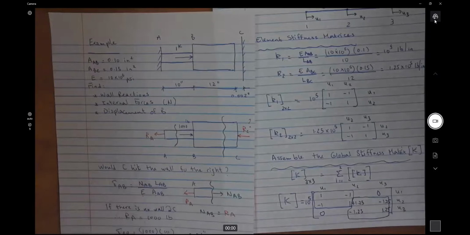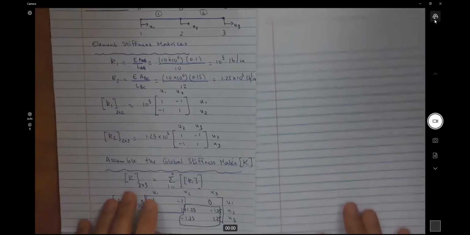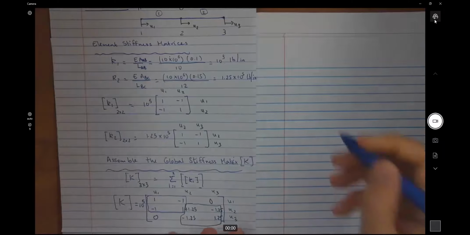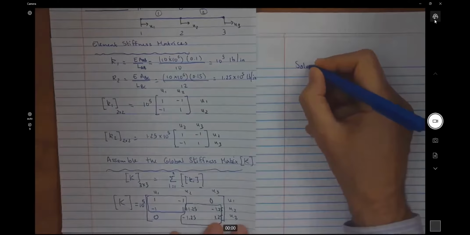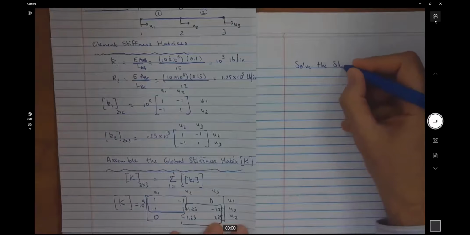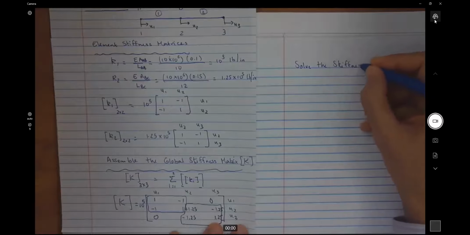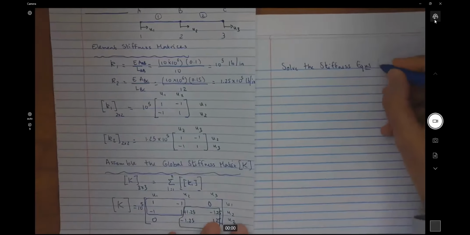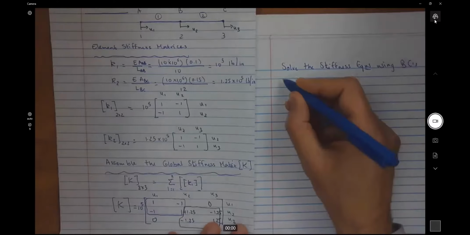Now, once I have my global stiffness matrix K, we can solve the stiffness equations using boundary conditions.